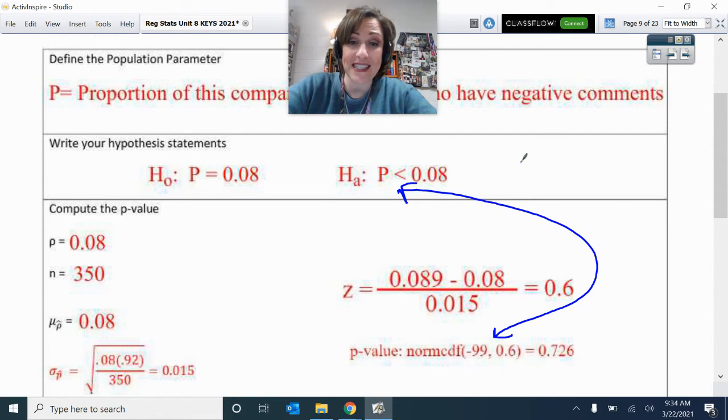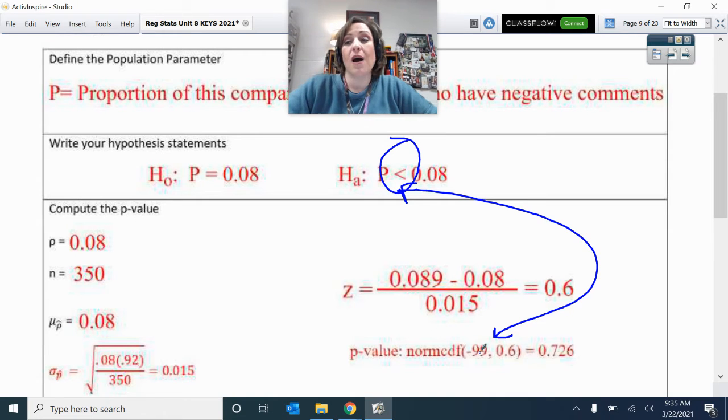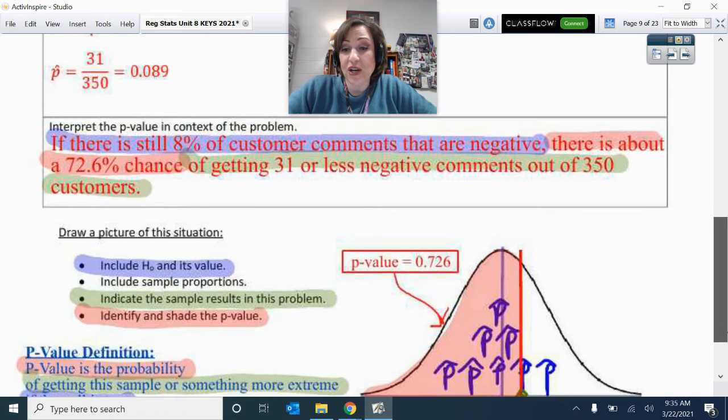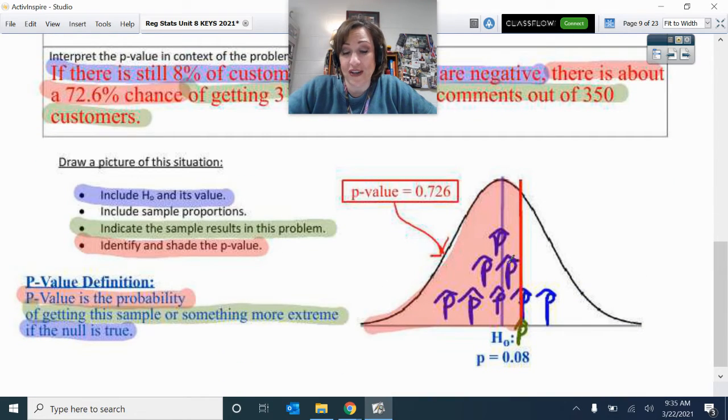So whatever this sign is here indicates to you the area that you should be finding for your p-value, okay? All right, so that's 0.726. So that's right here.